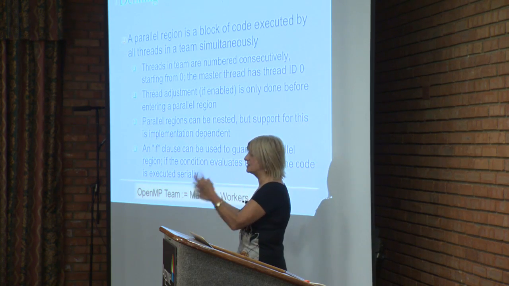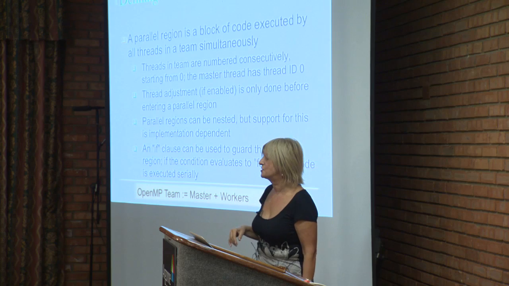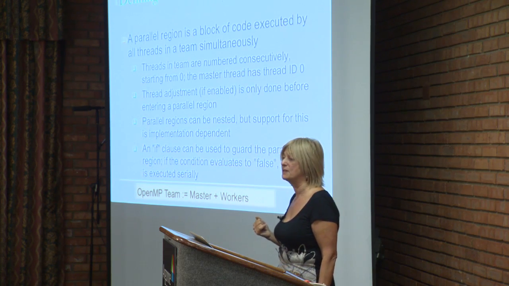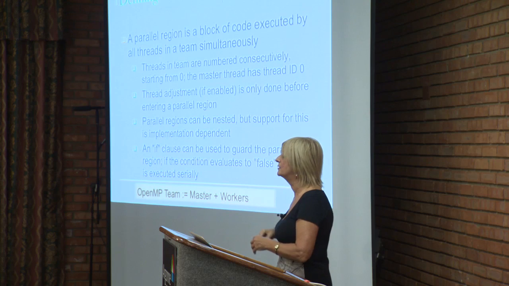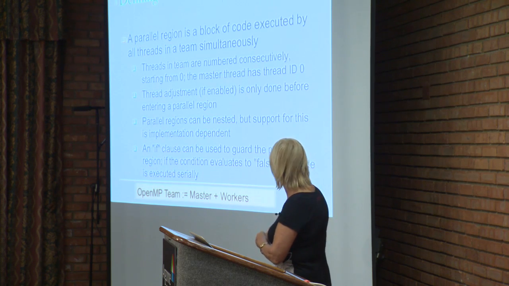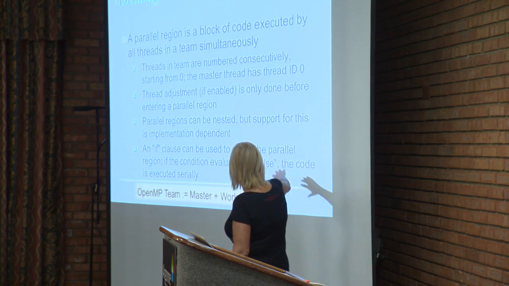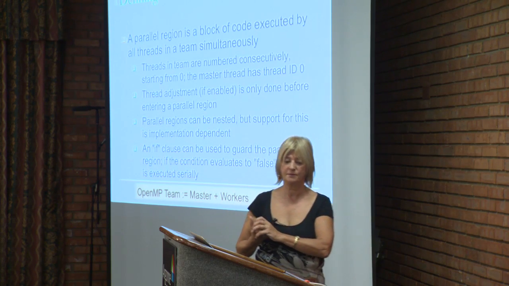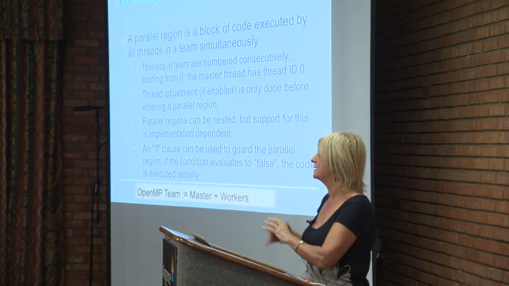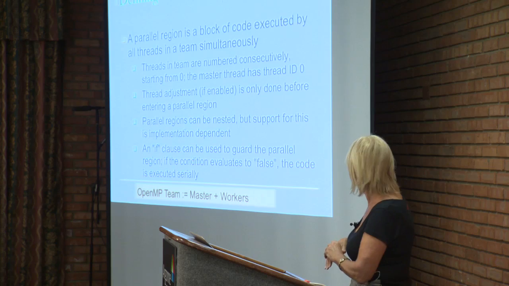This is the question we had before. The nesting of parallel regions is somewhat implementation dependent, and it doesn't have to be present. If you want to use that, you have to test your implementation and find out what it does. Now this is jumping into a performance issue, although we're not going to say much about performance this morning.